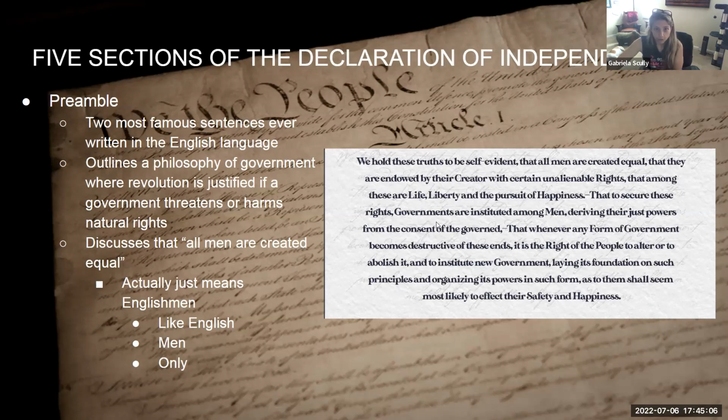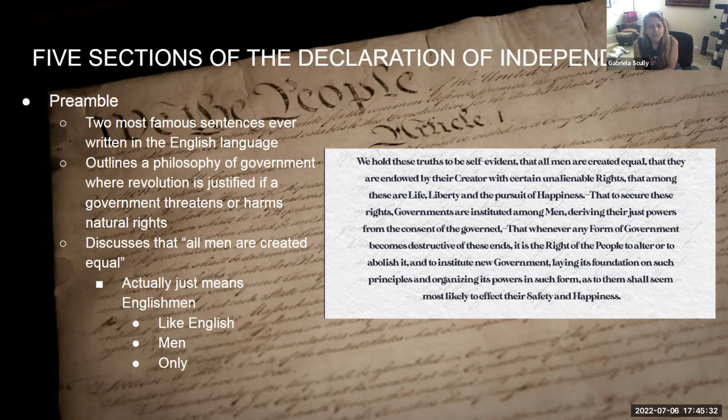That to secure these rights, governments have to be instituted among men, deriving their just powers from the consent of the governed. That the people have to create a government, by the people, for the people, created by the people and held accountable to the people.